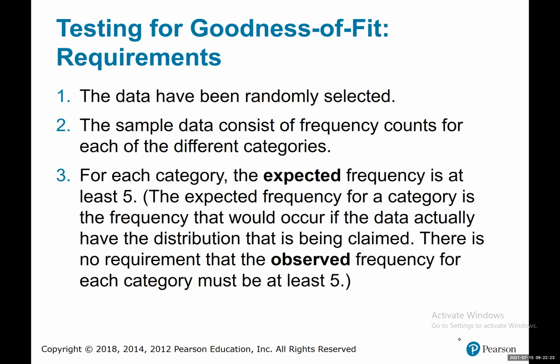For a goodness of fit test, the data should be randomly selected. Sample data consists of frequency counts for each of the different categories. For each category, you should have an expected frequency of at least 5. So whatever is your expected should be at least 5.